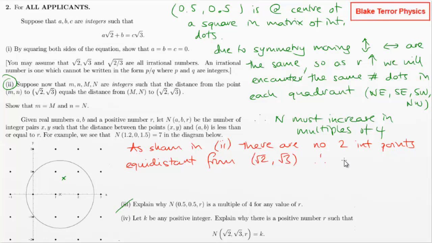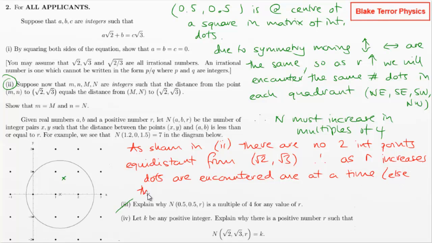So therefore, as r increases, dots are encountered one at a time, because if you encountered 2 of them at once, that means you've got 2 dots that are the same distance away from root 2 root 3. So let's just put that in.